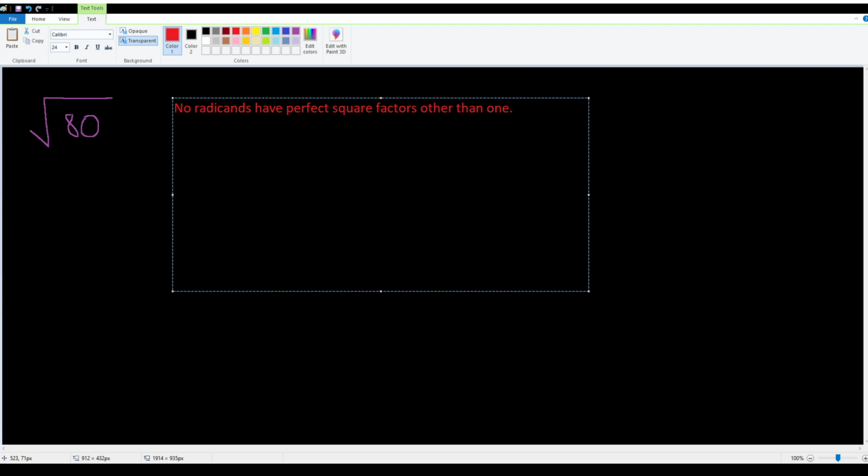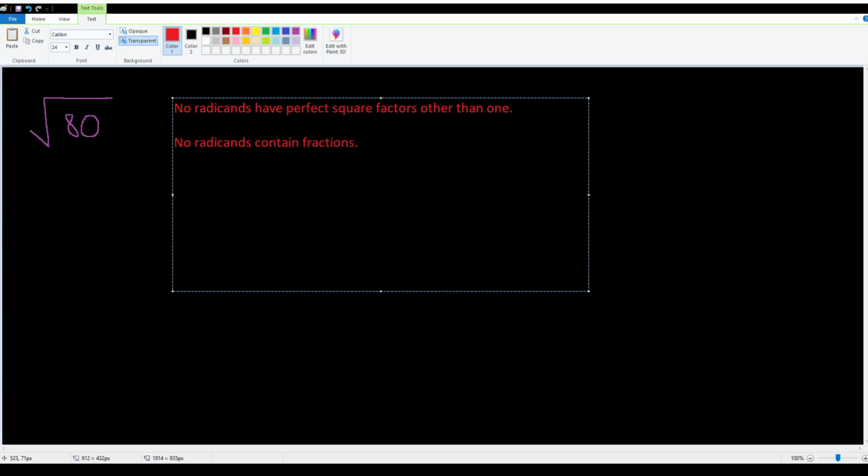The second rule we have to follow is no radicands contain fractions. And this is something that we have talked about previously when we were talking about our radicals before. We can't have a fraction as the radicand. And we do know how to work with that, but we'll talk about that again in a little bit.